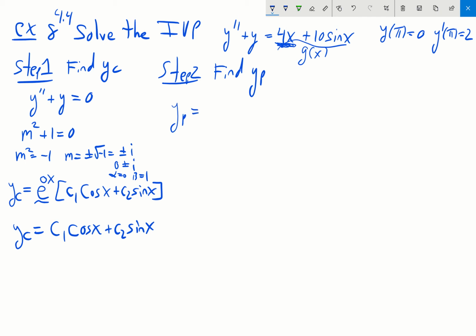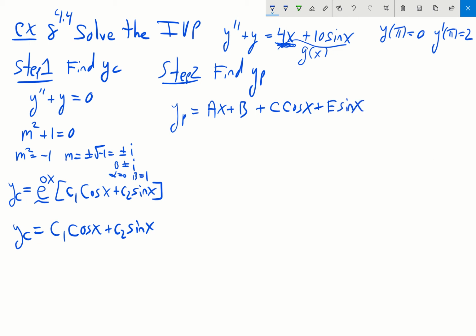So we would propose, let's say, ax plus b, and then we have something that looks like a constant times sine x. And we know that if that's the case, then not only would we need the sine of x, but we would also need the cosine of x as well.